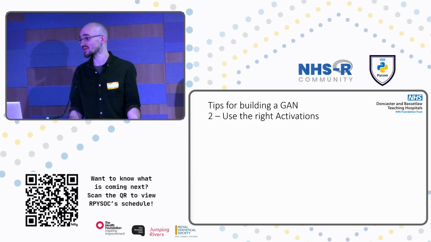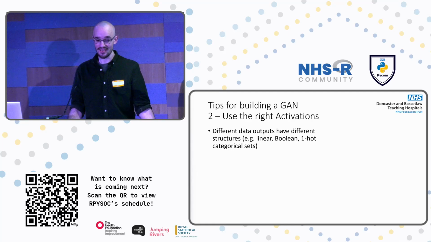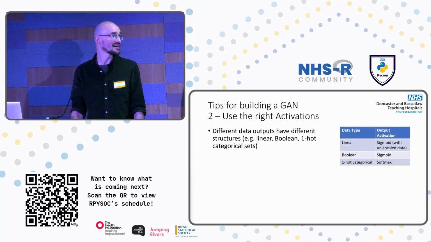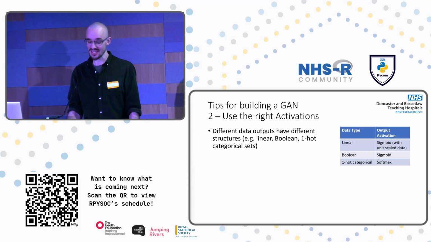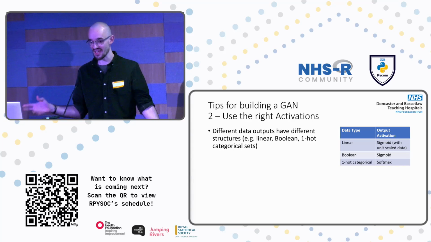The second thing, which goes for an awful lot of other work if you're wanting to do anything with neural networks, is use the right activation functions. So you've got lots of different data types in a data set like this. We were only working with tabular data, but you've still got linear, Boolean, and one-hot sets of data.